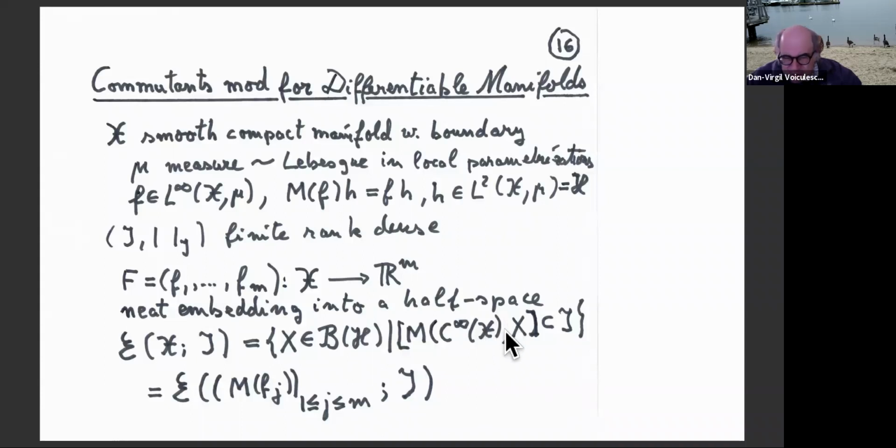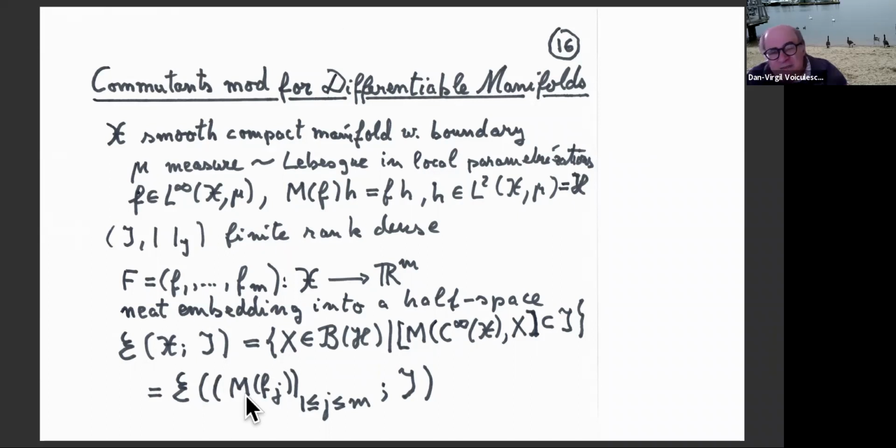Here we should have put an additional parenthesis. The operators T in the L2 space of (X, mu) such that the commutators with the C infinity functions are in I. So you take all, but this is equivalent to being in the commutant mod I for the functions which give you the embedding.